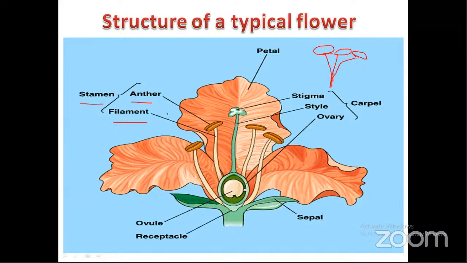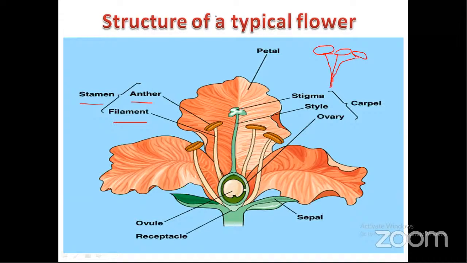All the filaments are connected together, and only the anthers are free, a little bit on the top. That condition is called monadelphous.